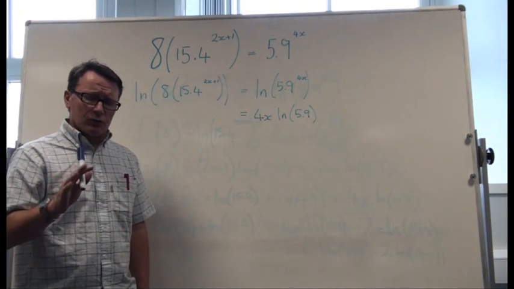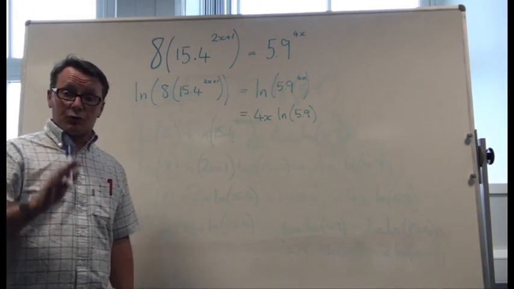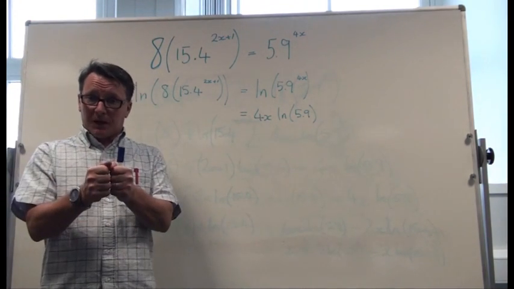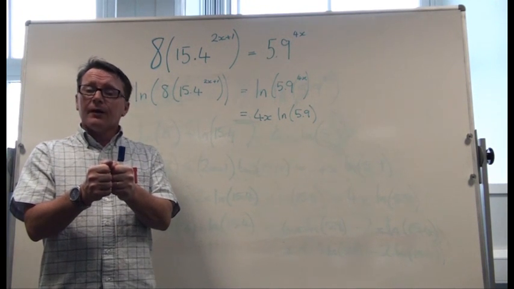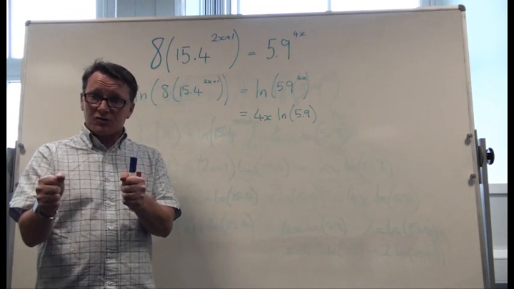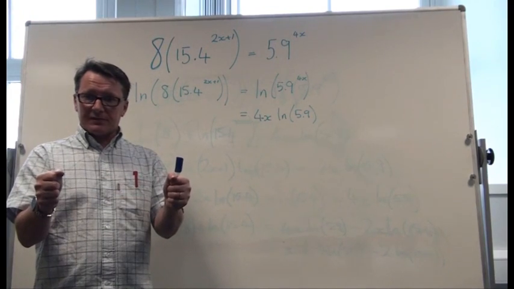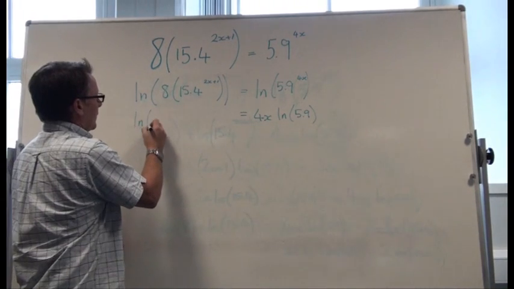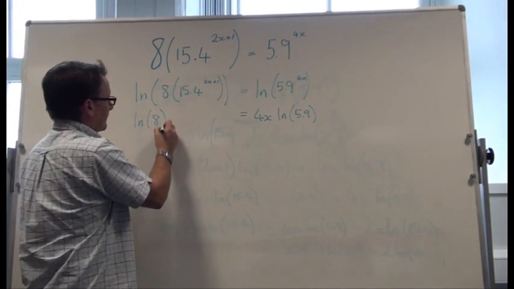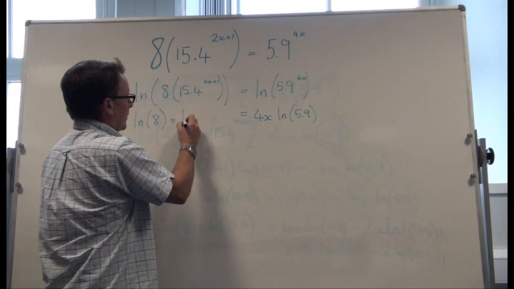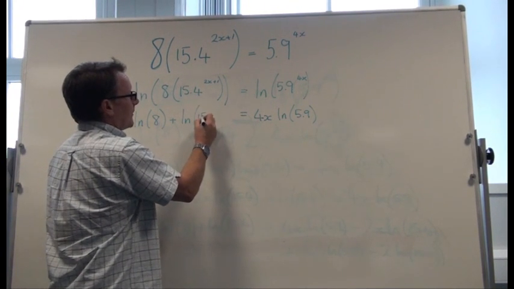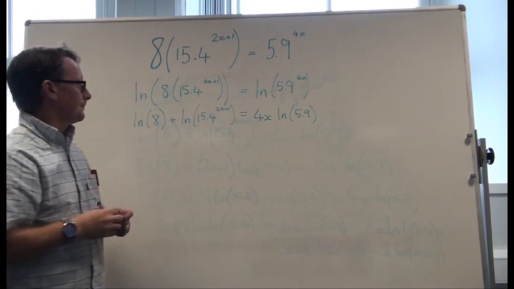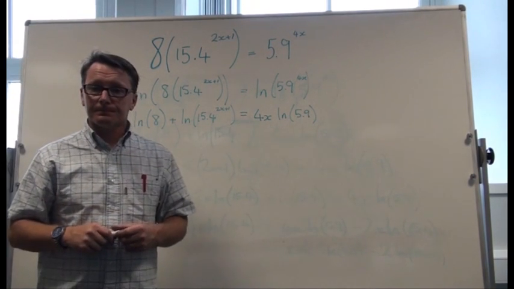So if we're going to use the rules of logs here, we have to first use the rule which says that if we've got the log of two things multiplied together, then that's the same as the log of the first plus the log of the second. So we can split this up into the log of 8 plus the log of 15.4 to the power 2x plus 1. Okay?